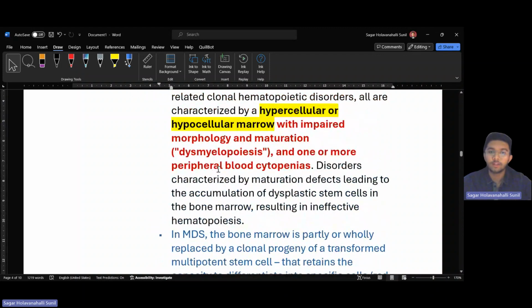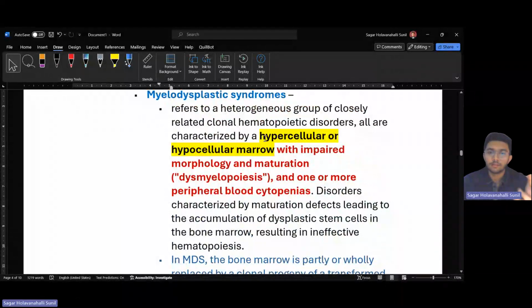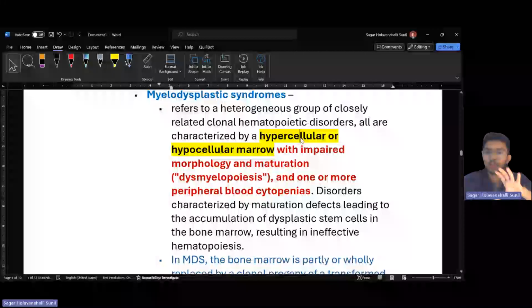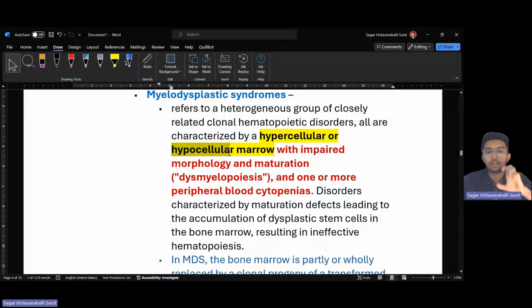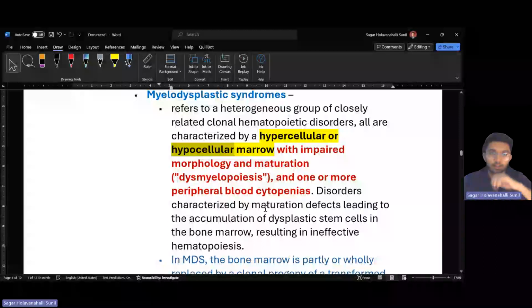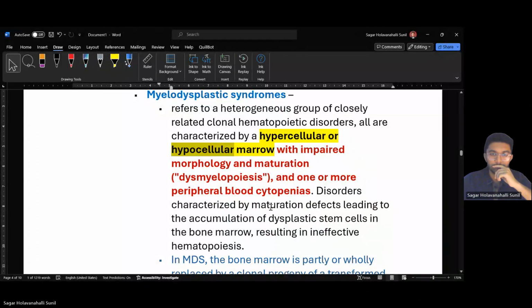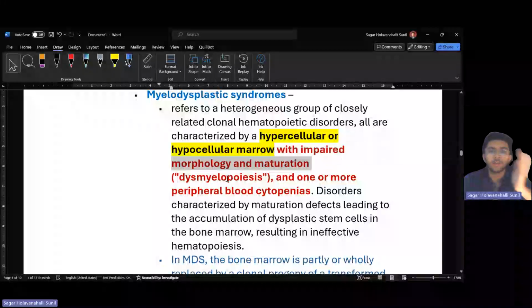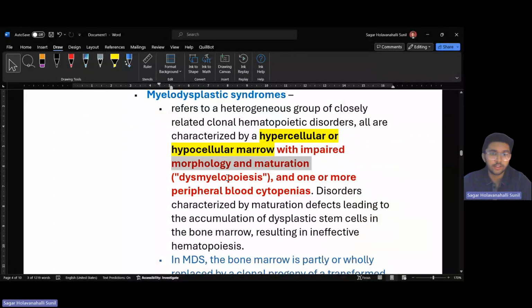Okay, so here in myelodysplastic syndrome, again, like I mentioned here, you're going to have cytopenias, but again, there can be stages of hypercellular marrow as well. And hypercellular is because you have a neoplastic proliferation of the clonal progeny. They can also be hypocellular when the resources in the bone marrow are exhausted, and therefore the cells are not being produced efficiently. Now, there will be changes in the morphology and maturation for sure because there's going to be a dysregulation in the growth, right?